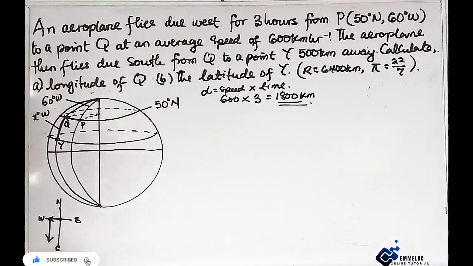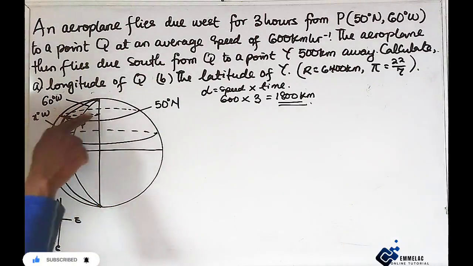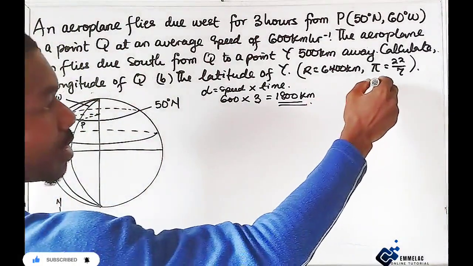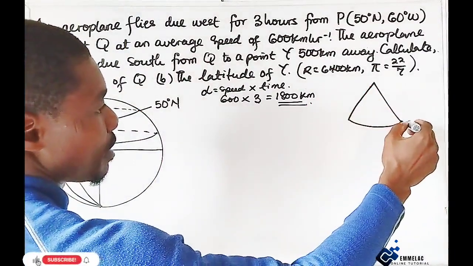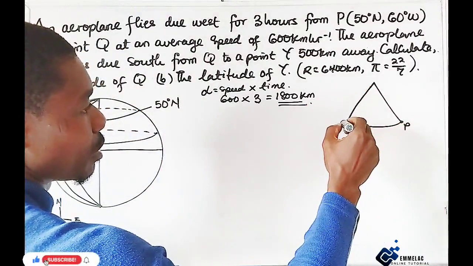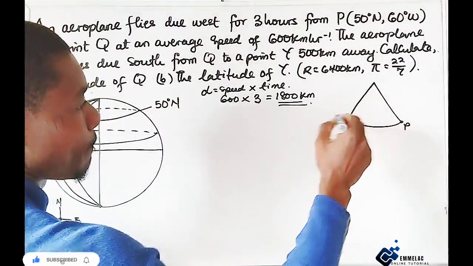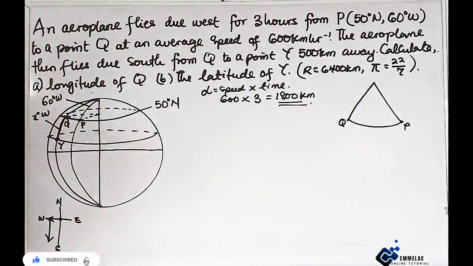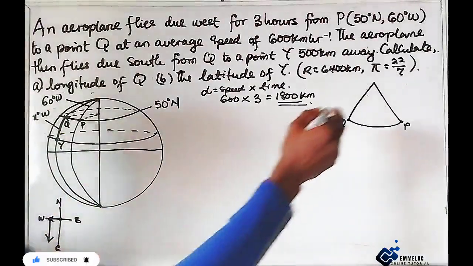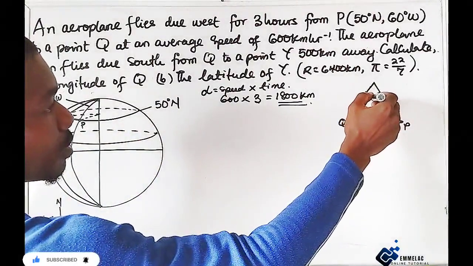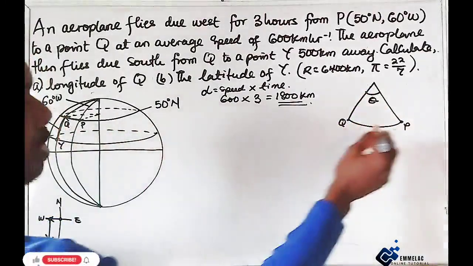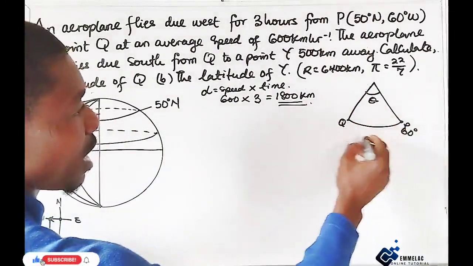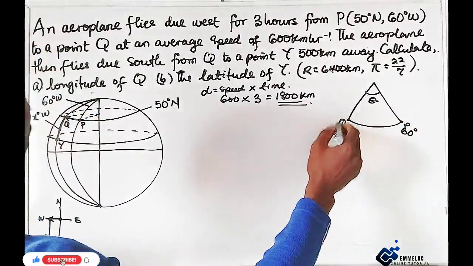Now as such, take note that this diagram here is just this. This is our P and this is our Q. The angular difference here is what we don't know, because that of P is 60 and the one of Q we don't know.